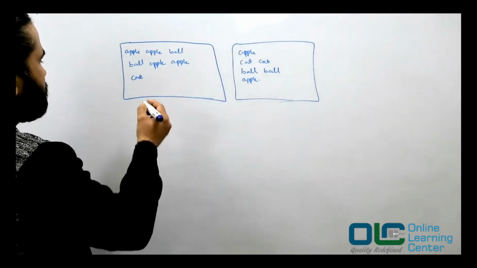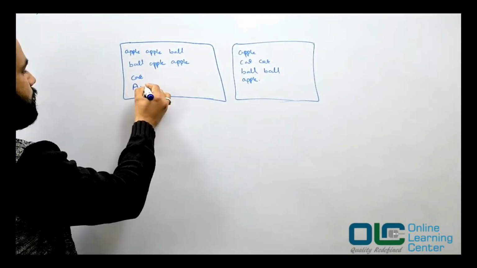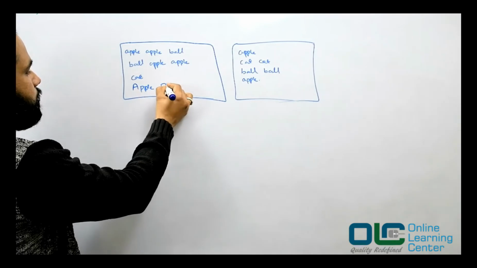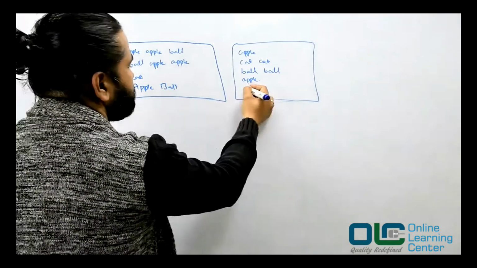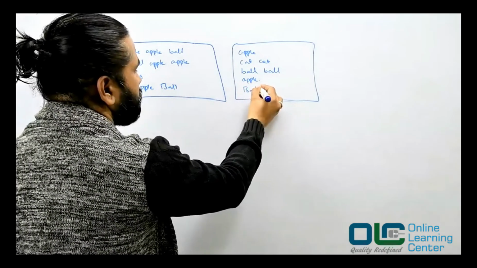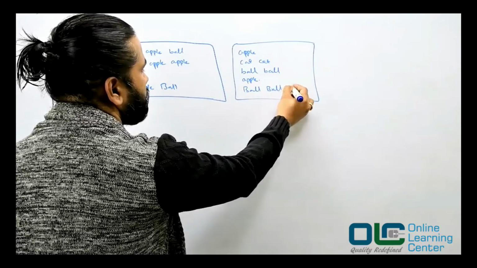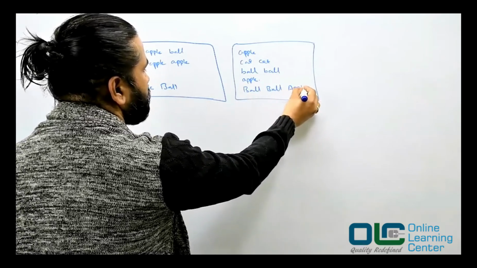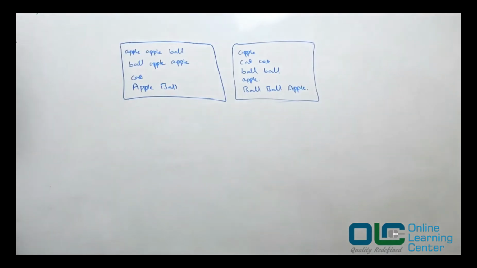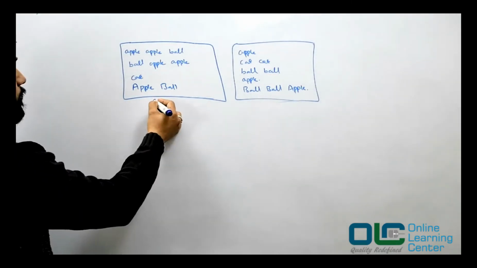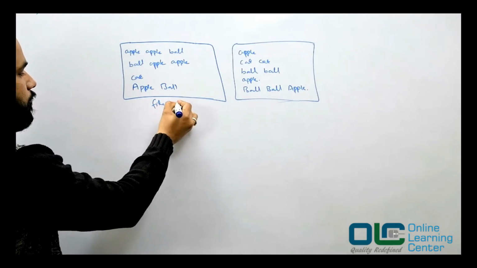And let's say there are some capital Apple and capital Ball like this. So this is the data I have, and this is file1.txt.